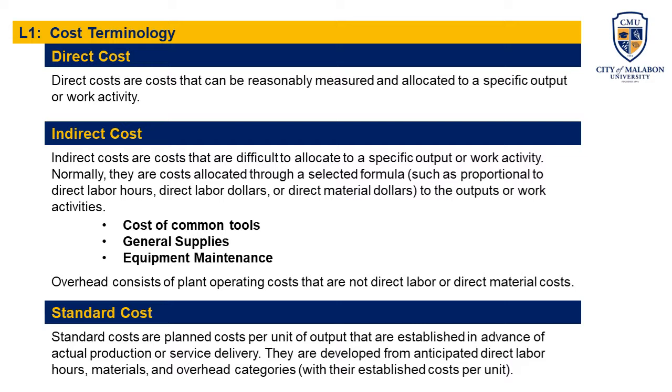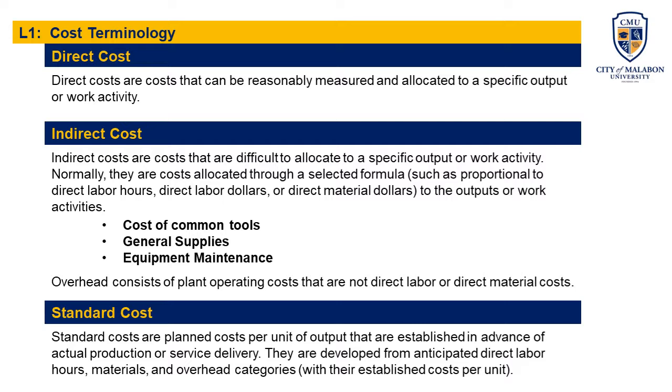Standard costs play an important role in cost control and other management functions. Some typical uses of standard costs are estimating future manufacturing costs, measuring operating performance by comparing the actual cost to the standard unit cost, and preparing bids for products or services requested by customers.